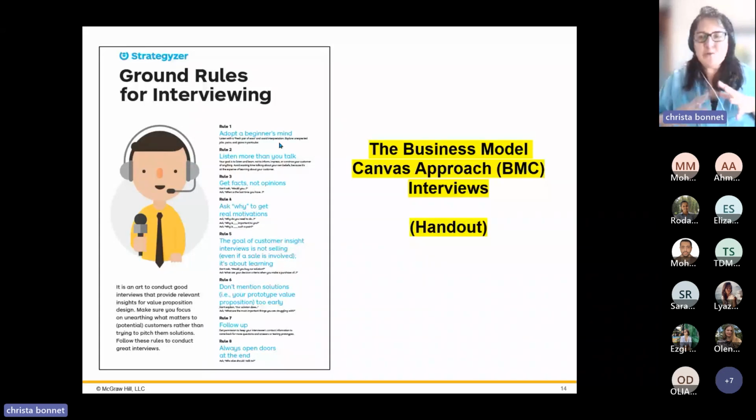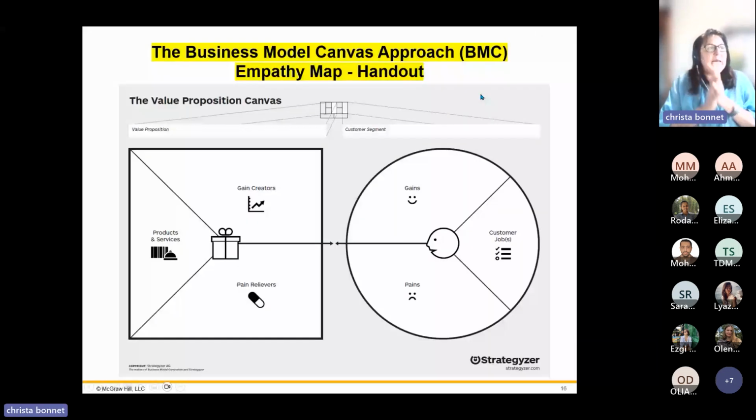Okay, any questions or comments on this before we go to the empathy map? Nothing. Okay, so let's get to the empathy map. I love the empathy map. Can you see in front of you? So this is what's called in the business model canvas, the empathy map.